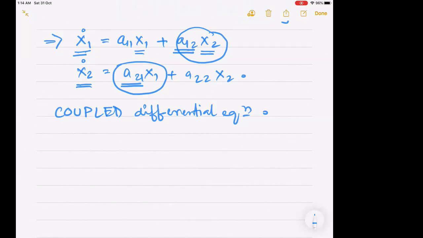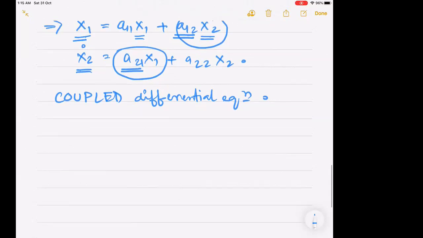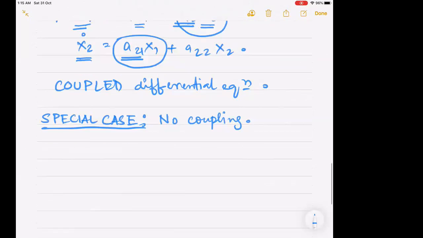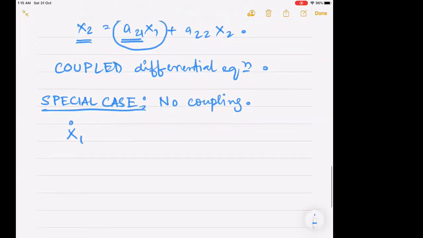Now, if you think about this just for a little while and assume that the couplings are not there, what would happen then? Well, suppose that the equation is x1 dot equals a11 x1, and the second equation is x2 dot equals a22 x2.